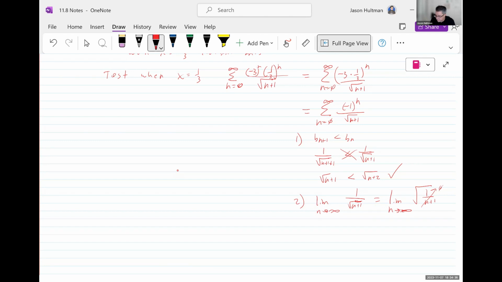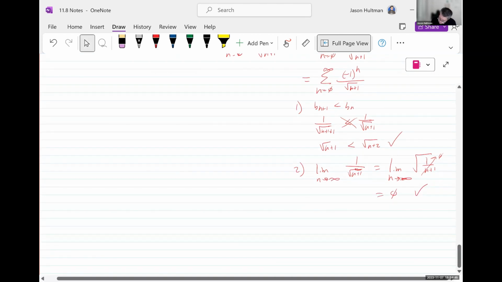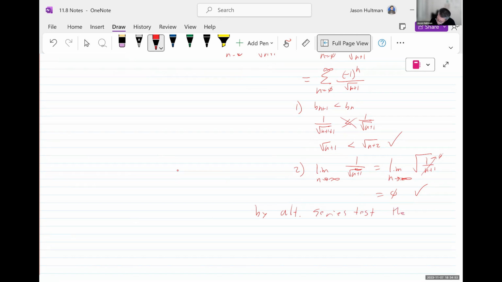And so the whole thing goes to 0, and so that checks. And so by the alternating series test, the series converges.